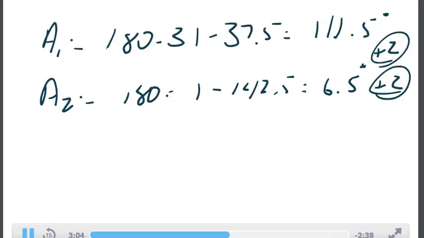And that leaves just the sides a to solve for. So we're back to the law of sines for that.